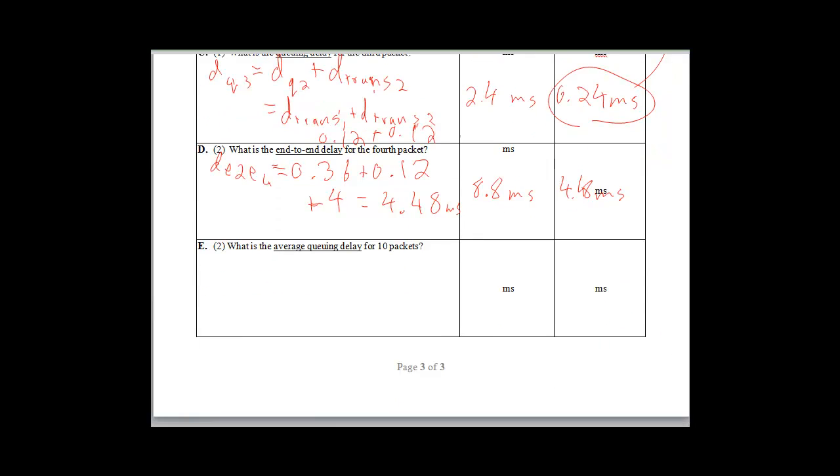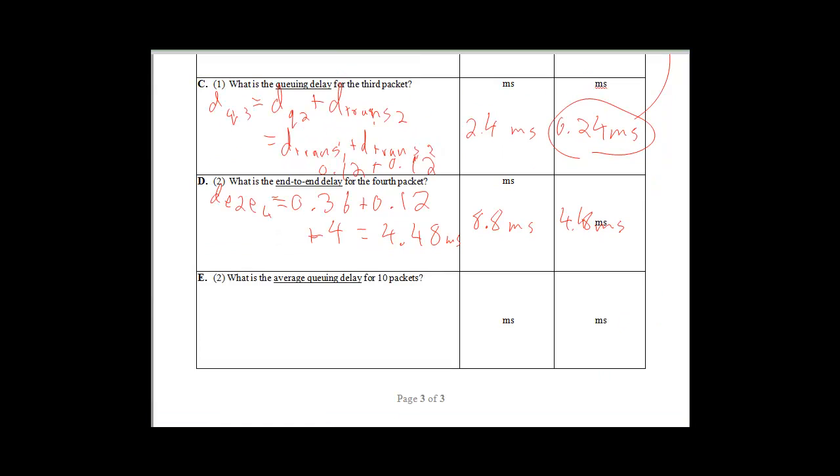Finally, we're talking about the average queuing delay for the first 10 packets. So I'm going to write out one after another the queuing delays. I'm going to deal with this case first, the 10 megabit per second. And remember, the queuing delay of the first packet is 0 because it goes right into transmission. Queuing delay for the second packet, 1.2. Queuing delay for the third packet, 2.4, etc. On to the queuing delay for the 10th packet, which is going to be 10.8. And we're going to add those up, since to do the average, you do the sum, then divide by the total number.